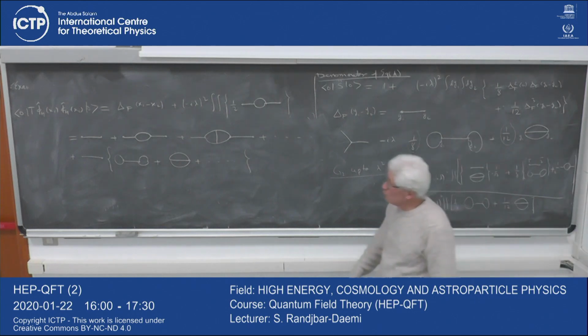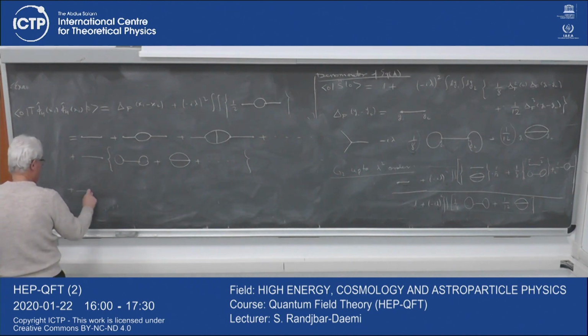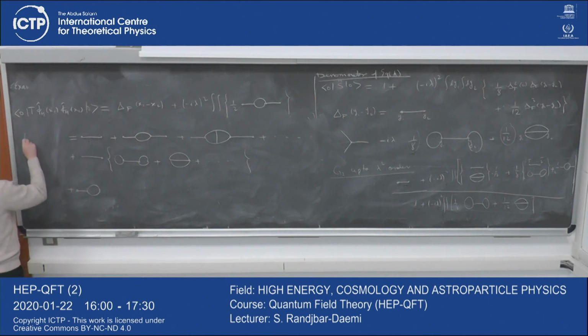In the next line, I am going to take this one and repeat the same thing. I am writing the numerator, no? This is the numerator of G2.